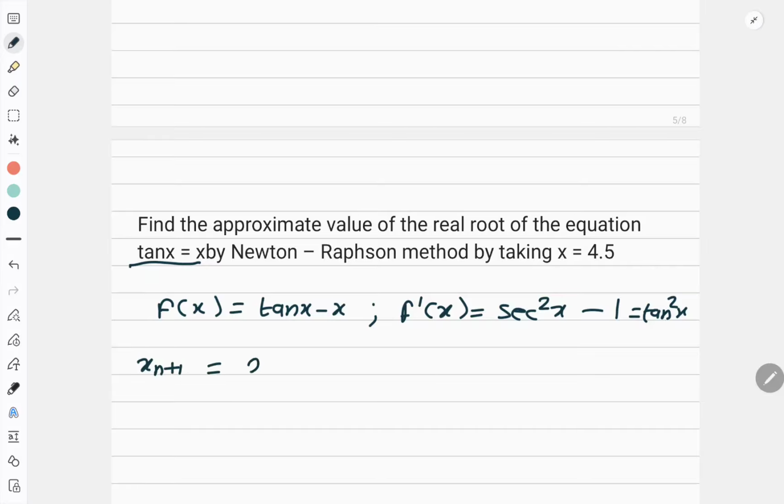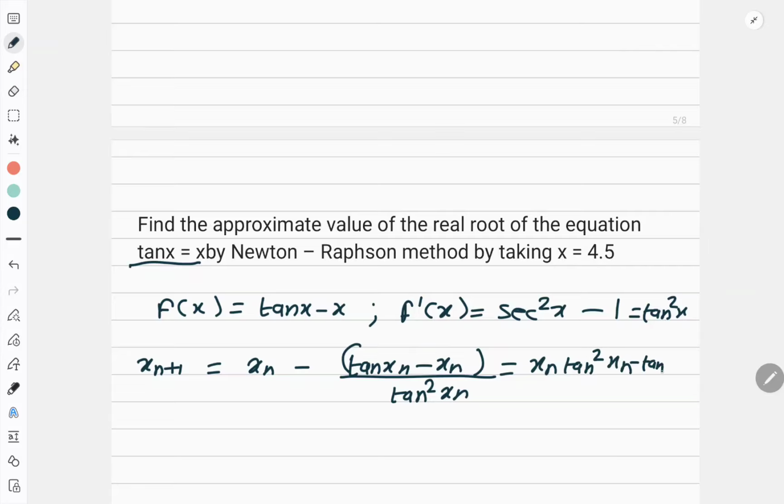Xn plus 1 is equal to xn minus f of xn. f of xn means (tan xn minus xn), I'll take care of the bracket, upon tan square xn. Simplify. If you simplify, you will get xn tan square xn minus tan xn plus xn upon tan square xn.